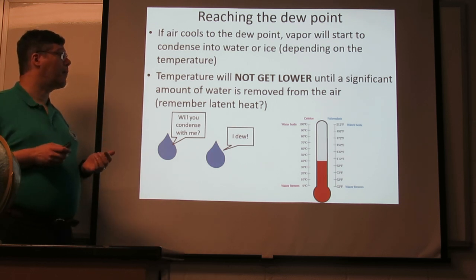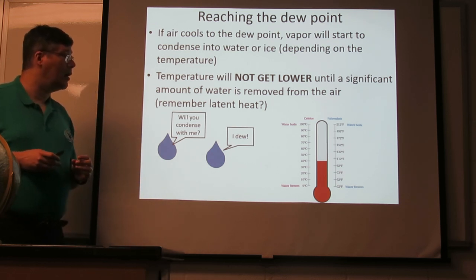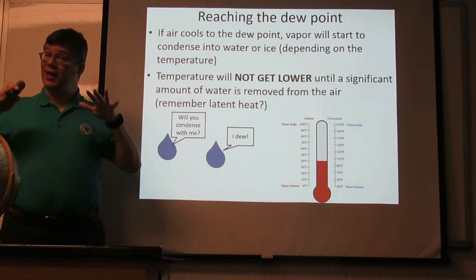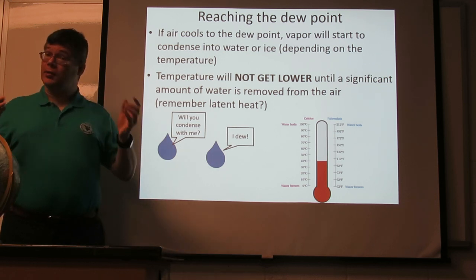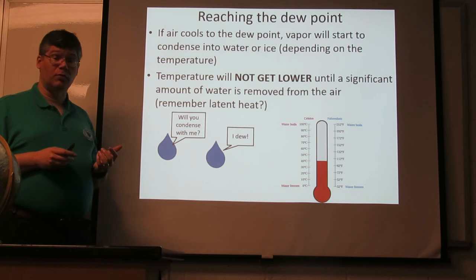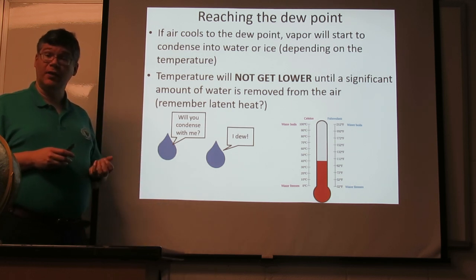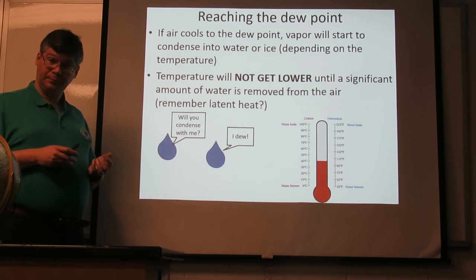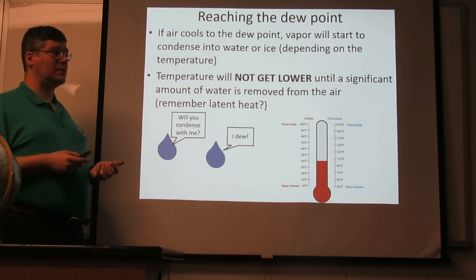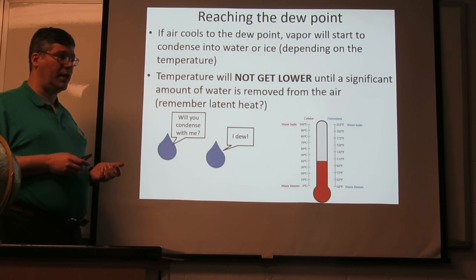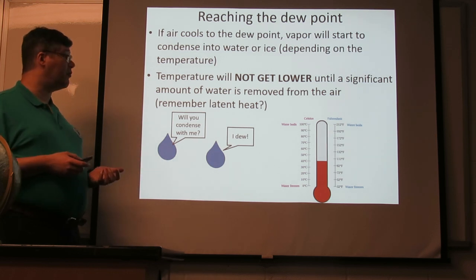Above, we'll get the water. Again, temperature will stay at that as long as we are going through the condensing process. It's not until we get a significant amount of water removed from the air, and thus a lower dew point, because there's less water in the air, that the temperature could drop further.